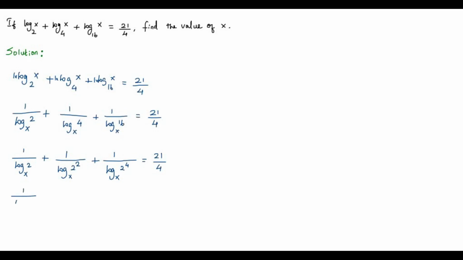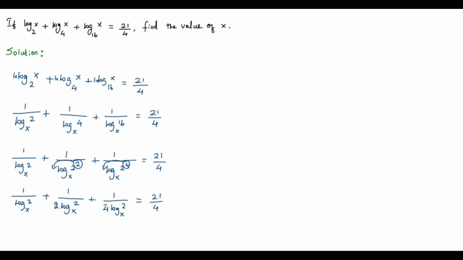So 1 divided by log 2 to the base x plus 1 divided by, here we can use the third fundamental law, that is we can get this exponent 2 in front of the logarithm. So we get 2 log 2 to the base x. The same, we can get the exponent 4 in front of the logarithm. 1 divided by 4 log 2 to the base x is equal to 21 divided by 4.